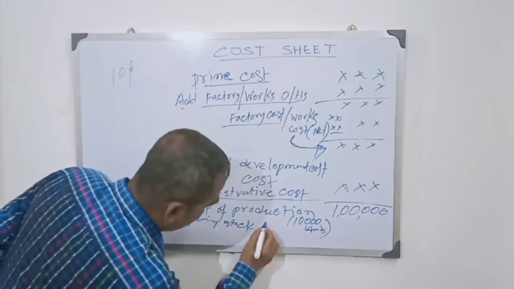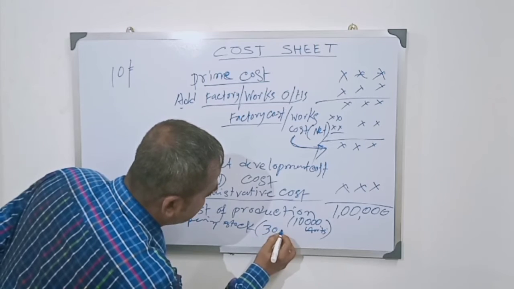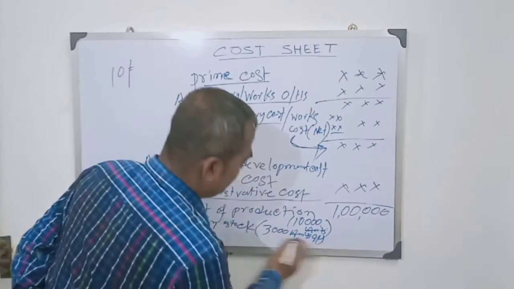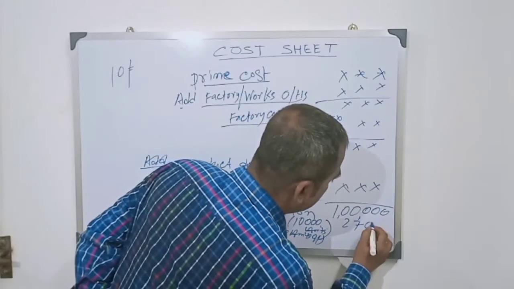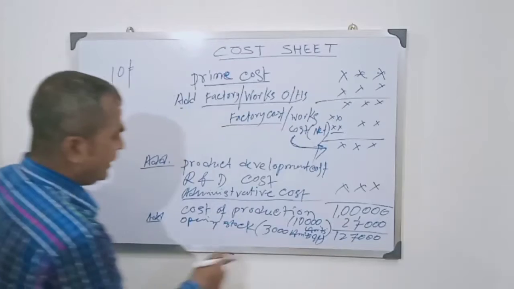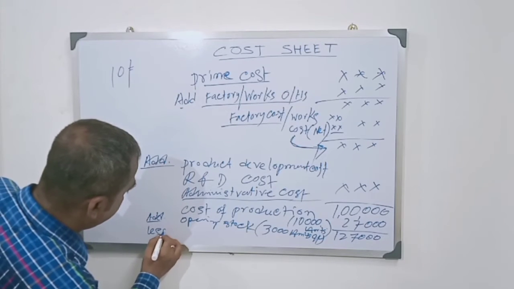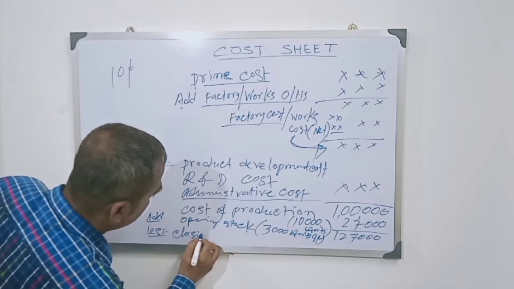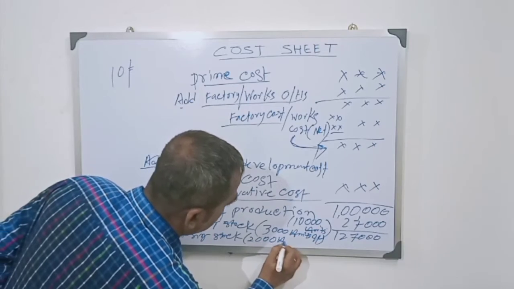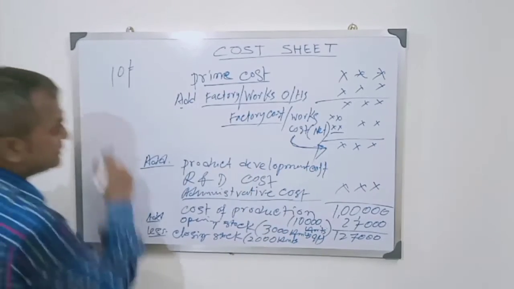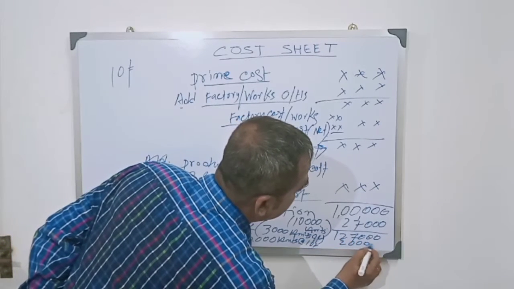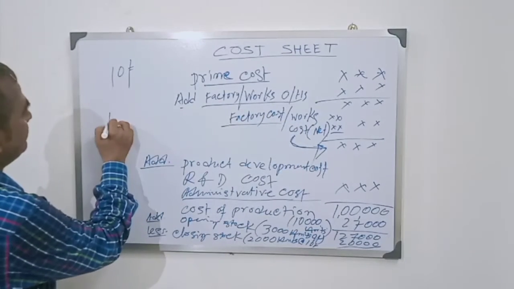Opening stock could be like 3000 units at 9, so we'll add 27,000, making 1,27,000. Now less closing stock, say 2000 units. We know the rate is 10, so 20,000 I'll be deducting, and we get 1,07,000.